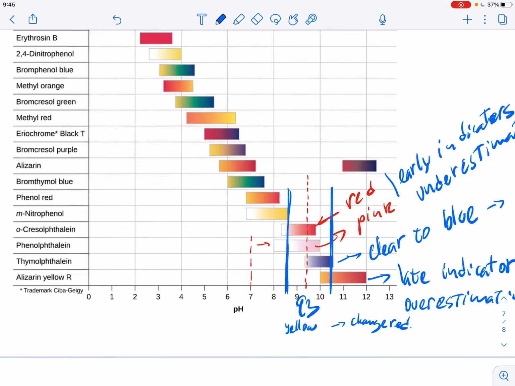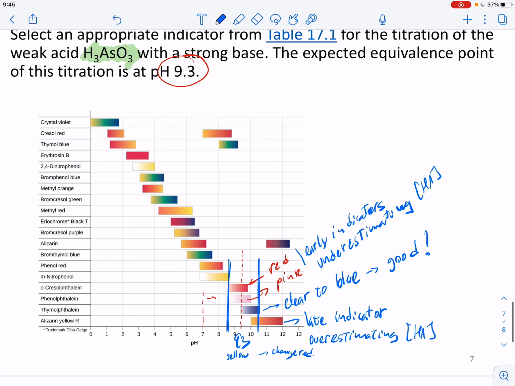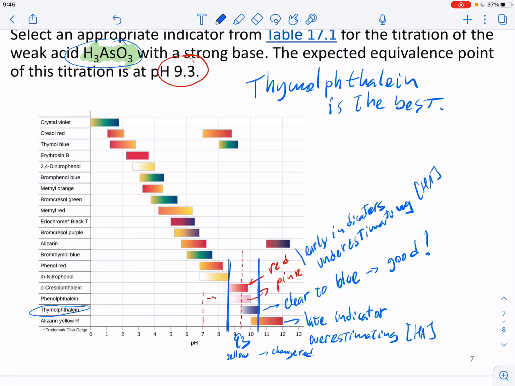So the best indicator that you can use for the titration of this acid would be thymolphthalein. Okay, it would be the best for this titration. All right, so this is just about selecting what is the best indicator given the pH.